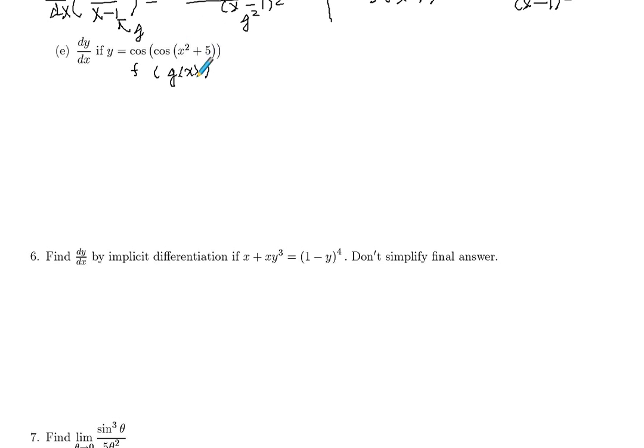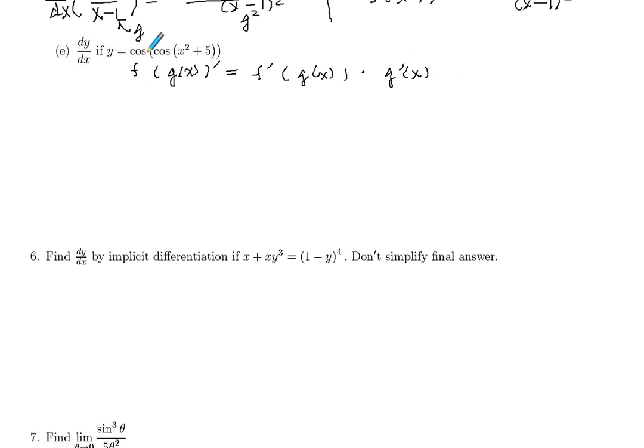So this whole thing is our inside function. And remember, when you find the derivative of a composition like that, you do f prime, the derivative of the outside, plug in the inside function, g of x, and then times the derivative of the inside, g prime of x.